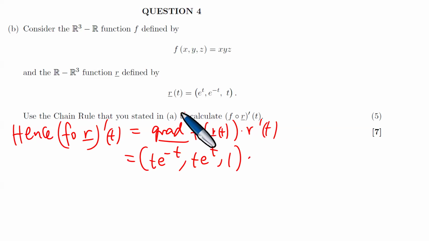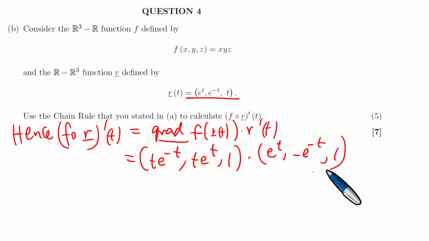And this r primed is what? It is e to the t, minus e to the minus t, just the derivative of r with respect to t, and the derivative of t alone with respect to t is a 1. Component-wise multiplication, this times this is t, this times that is minus t.